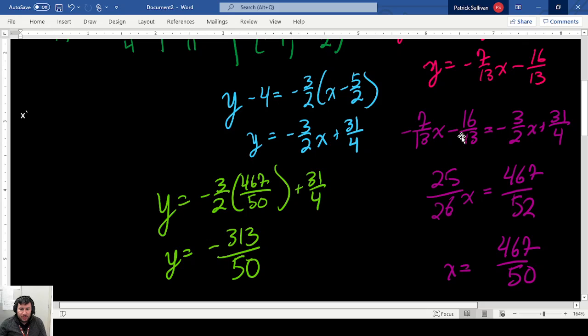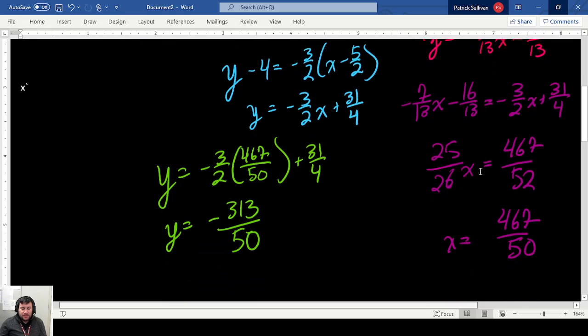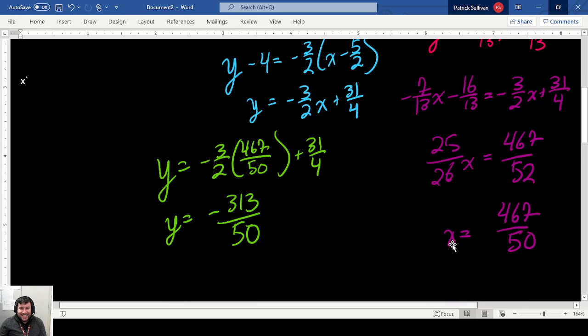So this is where I'm solving my system. As you can see, I set the pinkish equation equal to the bluish equation. And I solved to get x equals 467 over 50. Now I know fractions, especially something like this, can be a little intimidating, but just trust the math, trust the process, and it'll all work out fine. So I solved for x, and even though this is a nasty number, I can plug that back in.